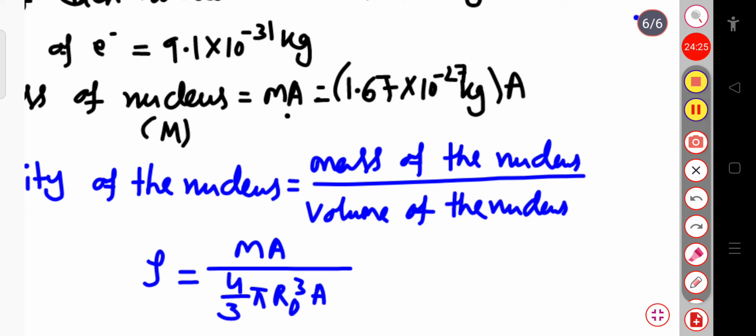Now this A gets cancelled. So rho is equal to 3m divided by 4 pi R naught cube.